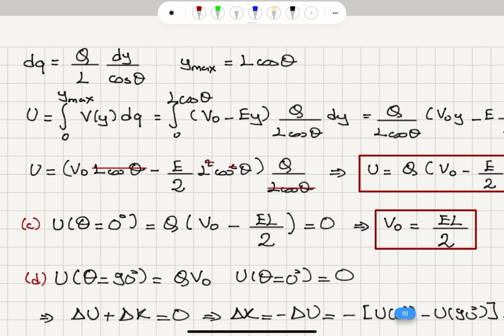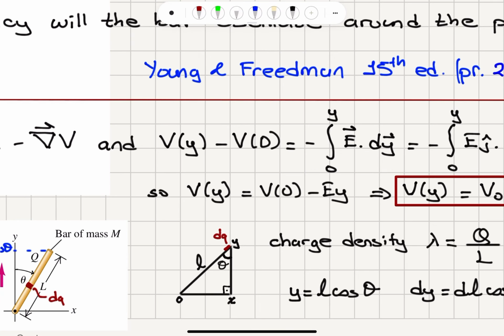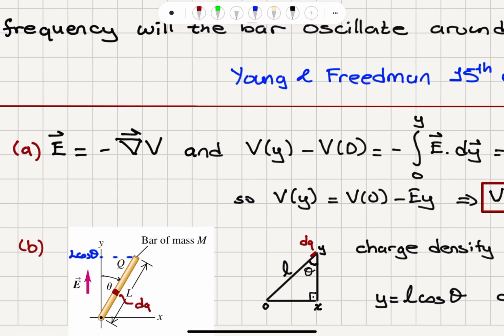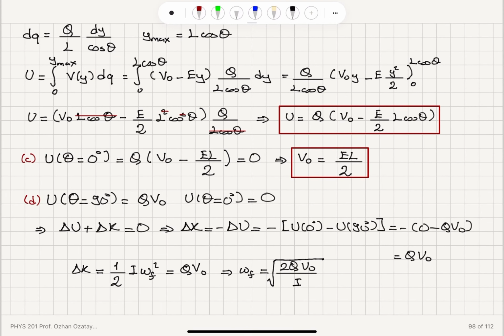And writing for dq, capital Q over L, dy over cosine theta, and noting that the maximum y value here is capital L cosine theta, we obtain this integral from 0 to y max of V of y dq, and this gives us our answer for potential energy.